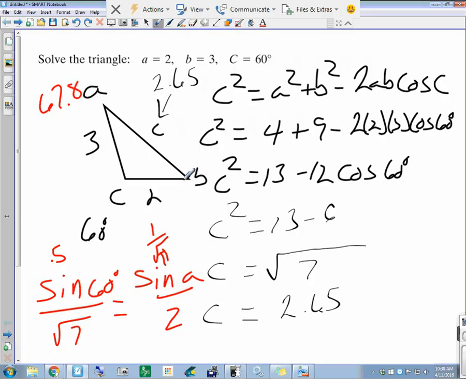So what's the other one got to be? 52.3? Okay. 52.2. Okay. That's what it should be, right? Now, take a look in your book and take a look at what the answer is.